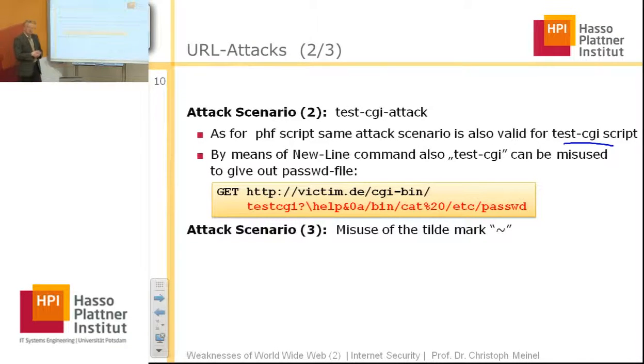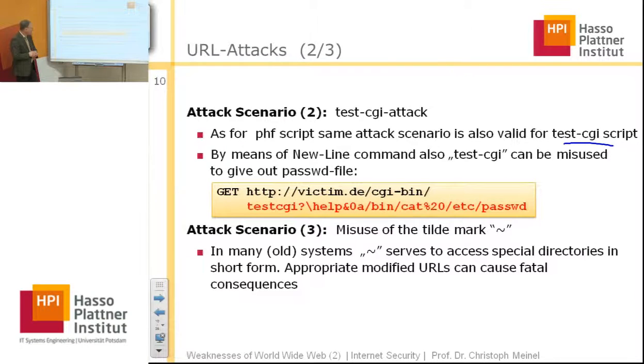Attack scenario 3 is the misuse of some special characters. In this case, the misuse of the tilde mark. Also here, in many old systems, the tilde mark was used to access special directories in a short form.